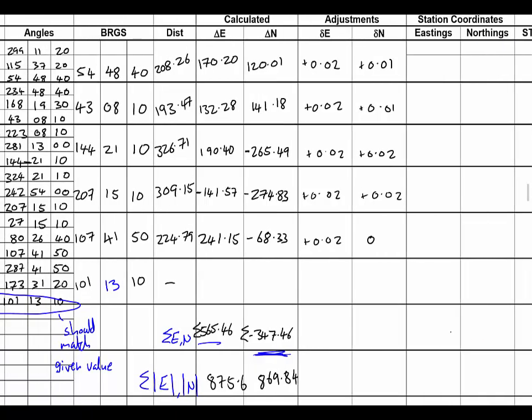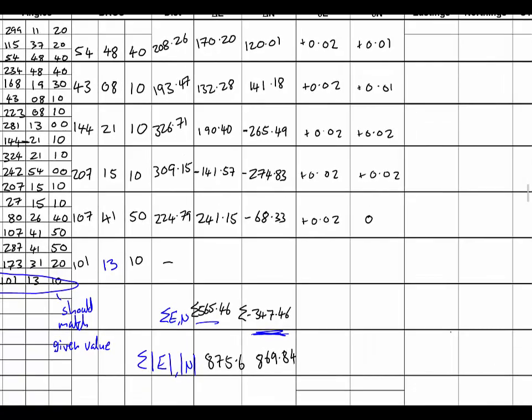And you can see how, where you have the larger values, you've got a larger correction. Where you've got middling values, you've got a middle correction. When you've got very small values, you've got the smallest correction.